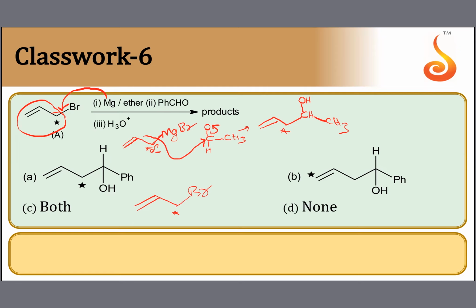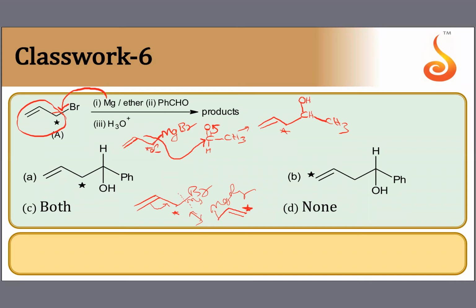That's why the allylic group will undergo rearrangement like this. So MgBr may be attached on this side. At this time the double bond is here, and the star symbol goes to the vinylic carbon.